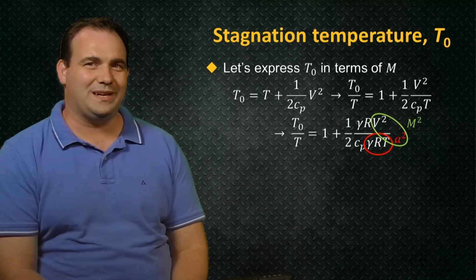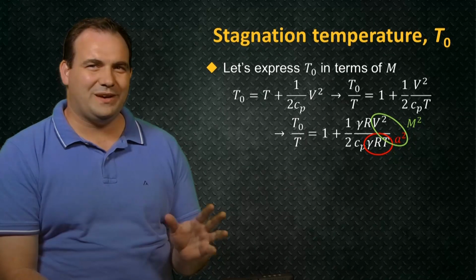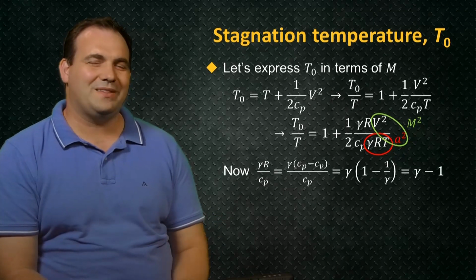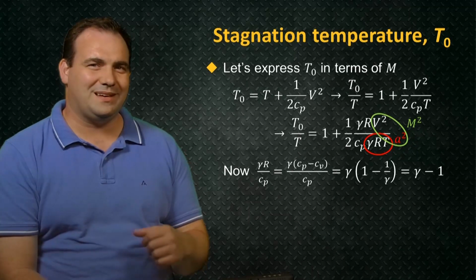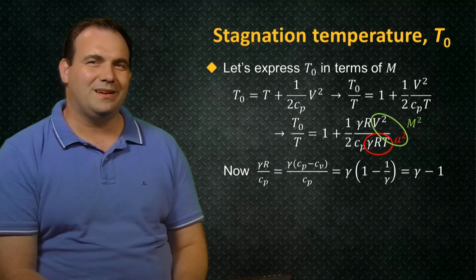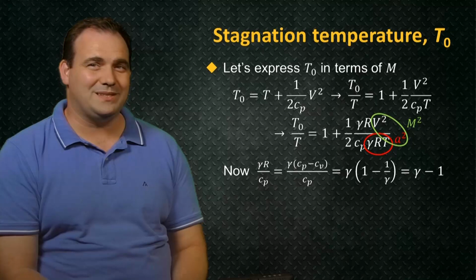If we combine that with the velocity squared on the numerator, we now have a factor of the Mach number squared. We've got this remaining factor out the front of gamma R on Cp, and we can simplify that a little bit using the fact that the gas constant R is equal to Cp minus Cv, and the ratio of specific heats gamma is equal to Cp divided by Cv.